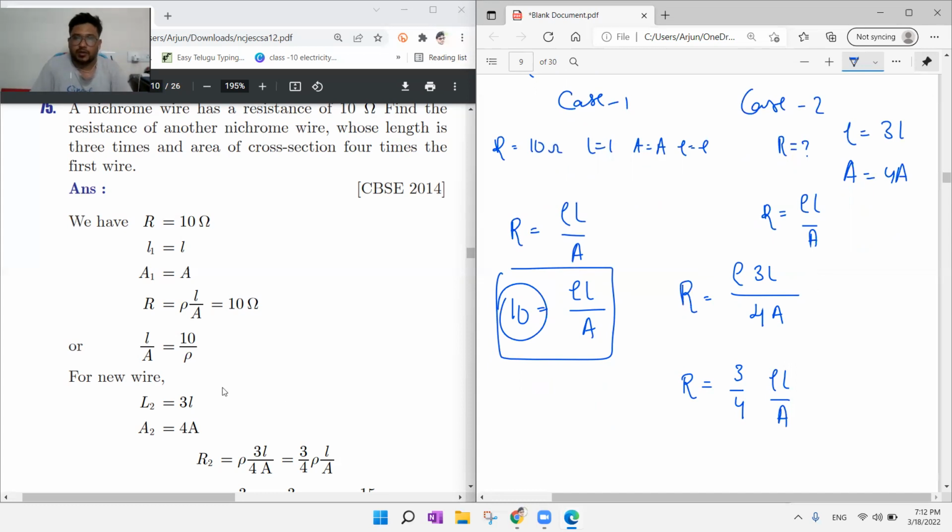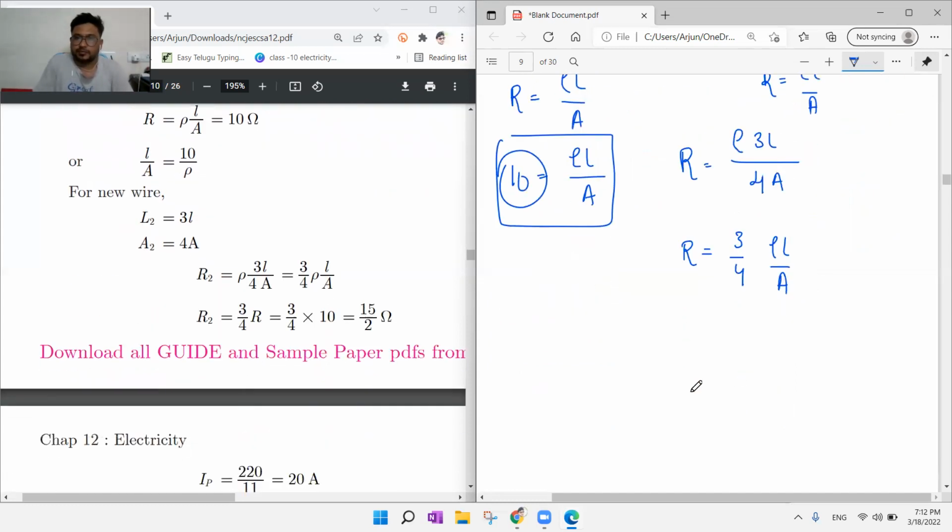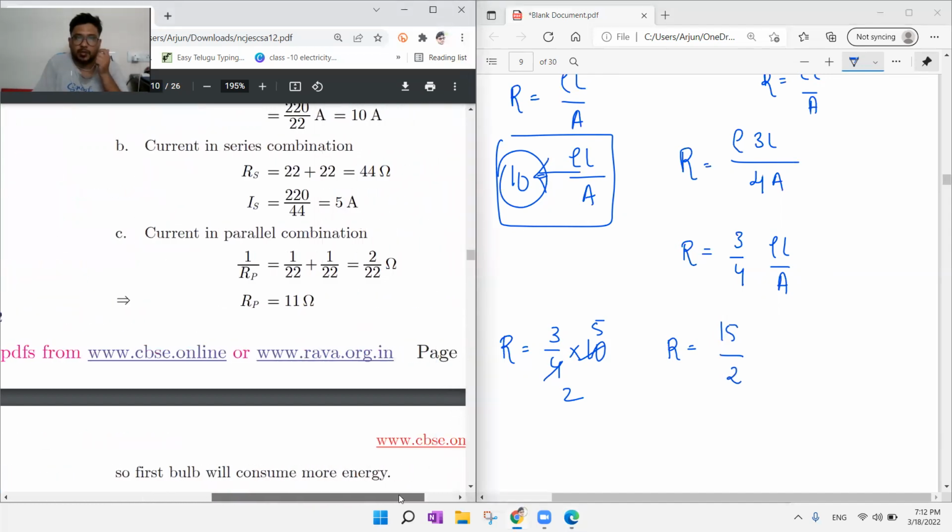So R is equal to 3 by 4 multiplied with rho L by A value, which is 10. You can place 10 here. 2 2s 4, 2 5s 10. Now R is equal to 5 3s 15 upon 2. So 15 upon 2, what is half of 15, which is nothing but 7.5.